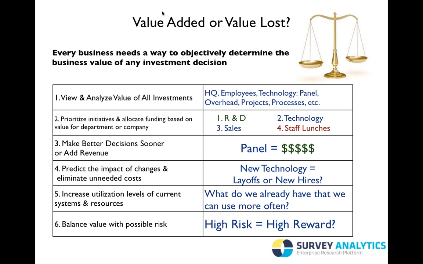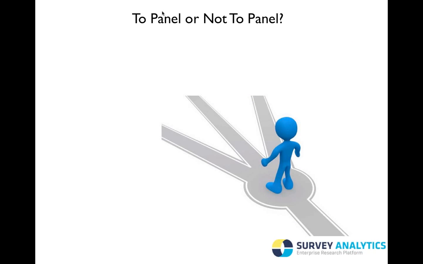The fifth thing to do is to increase utilization of current systems and resources. So the big question here is, what do we already have that we could use more often? One thing that we've noticed with a lot of our clients, and they've told us, is that they know that our tool can do a lot of things. We're an enterprise solution.